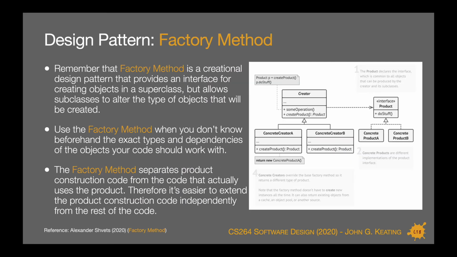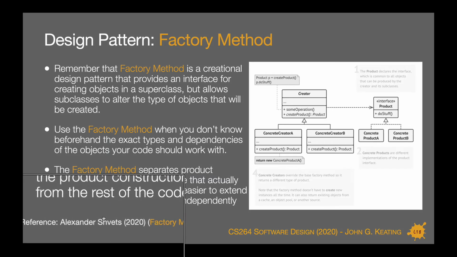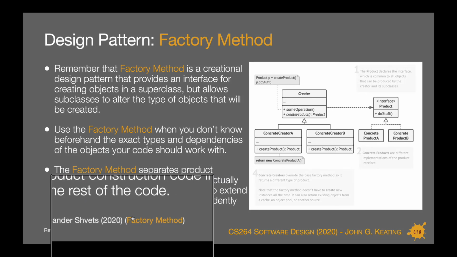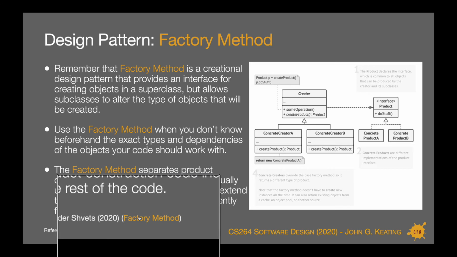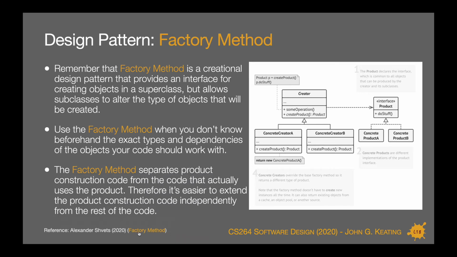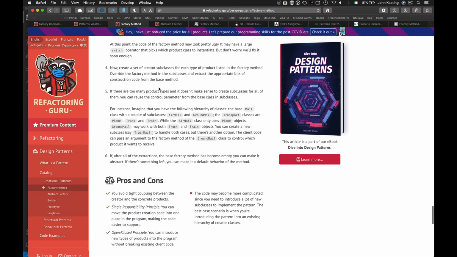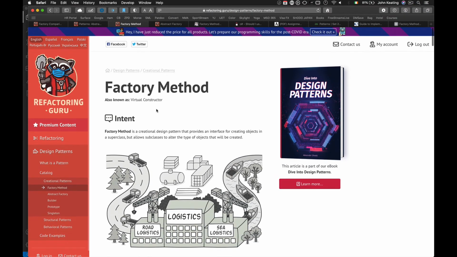So factory method then, and I'm using the Dive into Design Patterns book here, and I'm also using a link on the refactoring.guru website for factory method. You can click through here and see the page that's relevant for factory method.